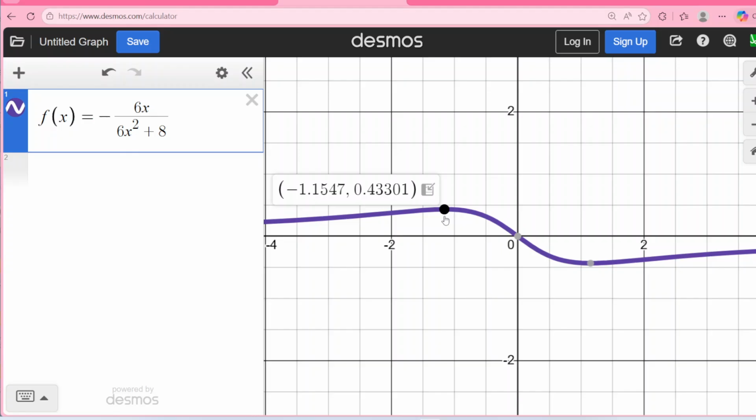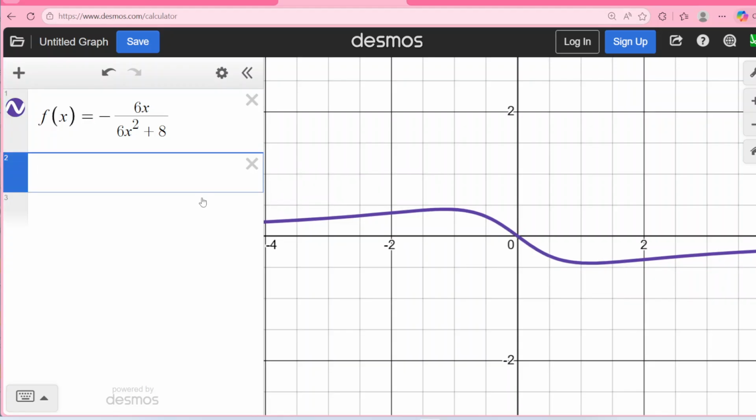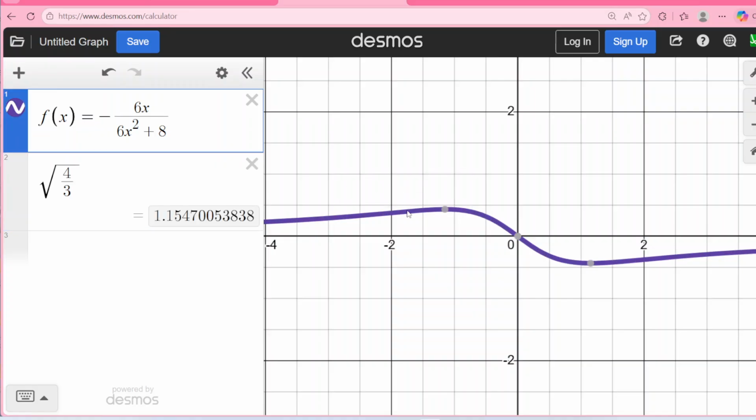So there's your peak, your local max of 0.43, and you see it happens here at negative 1.1547. There's where your local minimum is, at positive 1.1547. That's the square root of 4/3. Here's the square root of 4/3, 1.1547. So again, look at the picture.